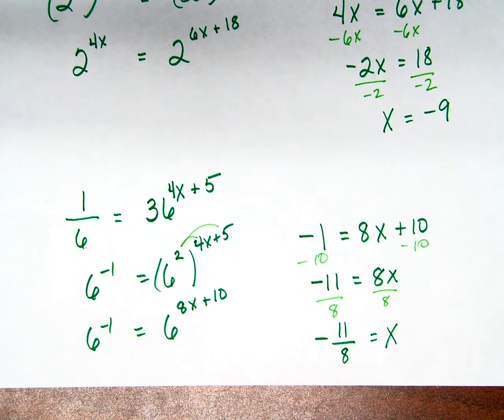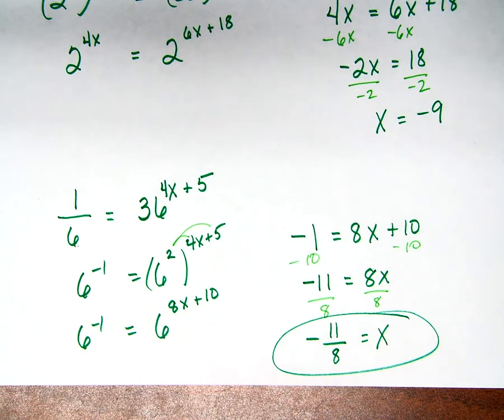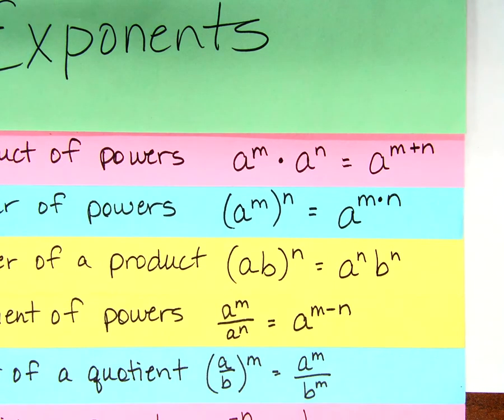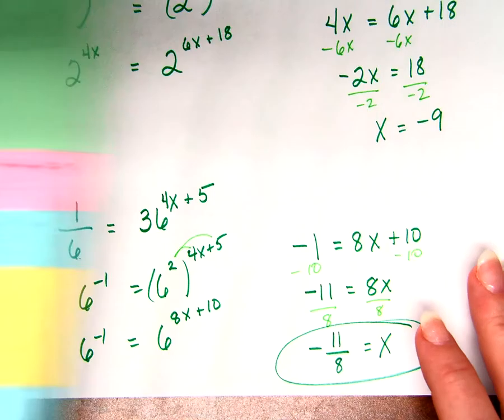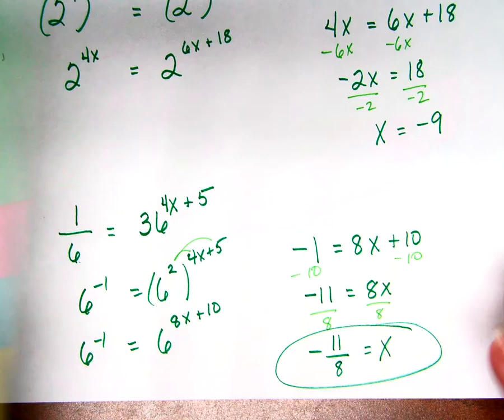Then is this the right answer? 100% sure, right? I know for sure that's the right answer. Are there any questions? How many times did I refer to this through our lesson? Couple, right? So don't you think it would be a good idea to have it on your desk as you're working through the problems? Yeah, okay.